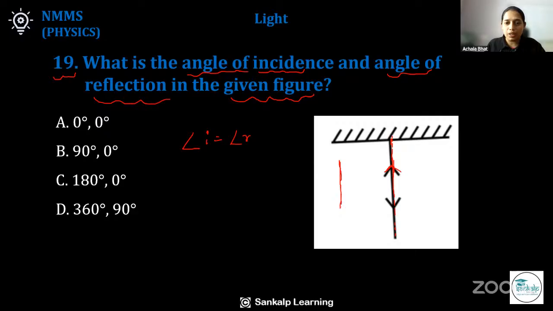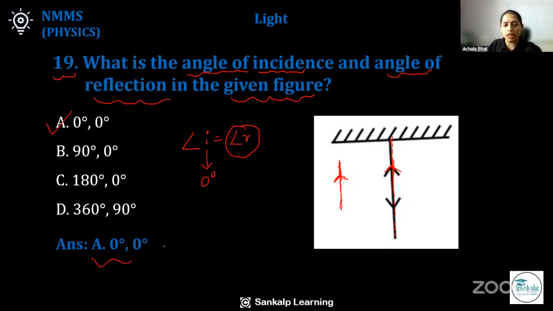They both lie on the same line. Now, what is the angle between normal and incident ray? It is 0 degree. So, if angle of incidence is 0 degree, then what about the angle of reflection? Yes, it is also 0 degree. Therefore, the correct option is option A, 0 degree, 0 degree.